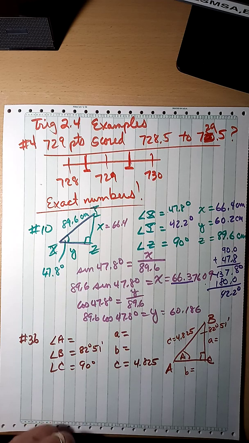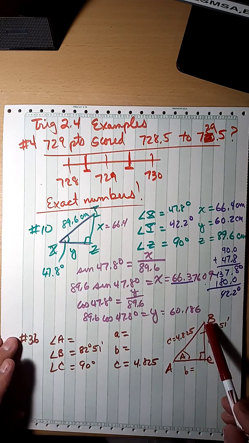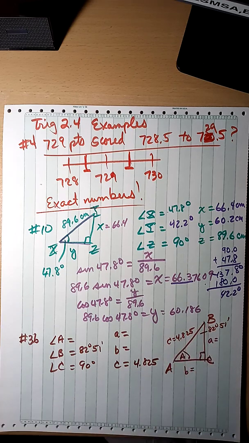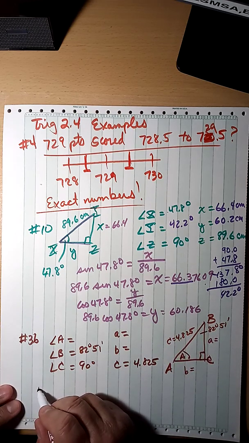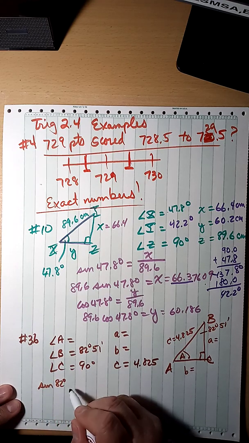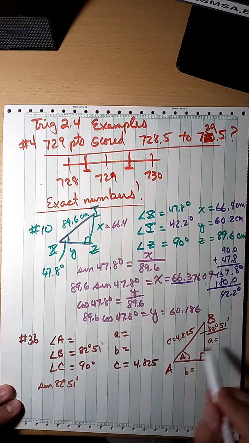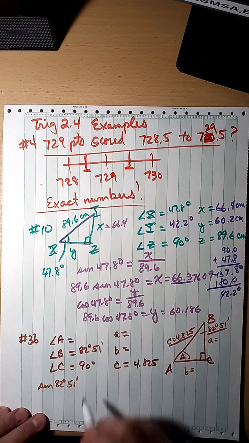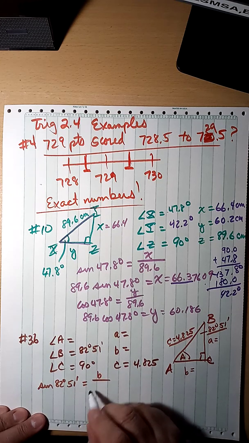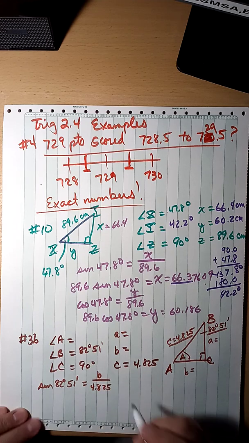So when I reference, if I want to find side b, that's the opposite. I've got the hypotenuse. Sounds like sine. So the sine of 82 degrees, 51 minutes, and notice I'm using the angle I was given and the side I was given, equals the opposite b over the hypotenuse, 4.825.